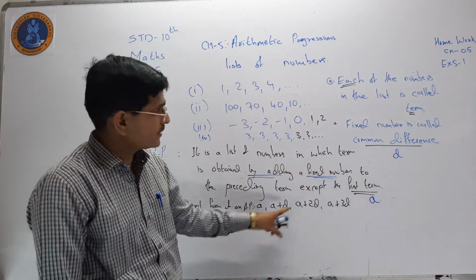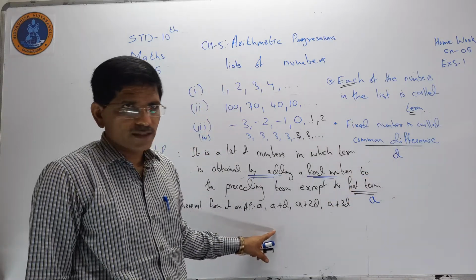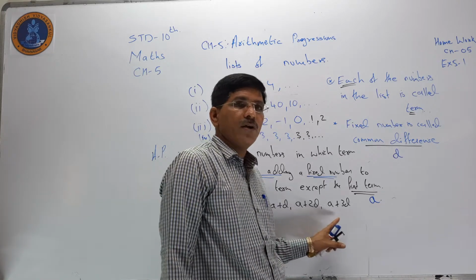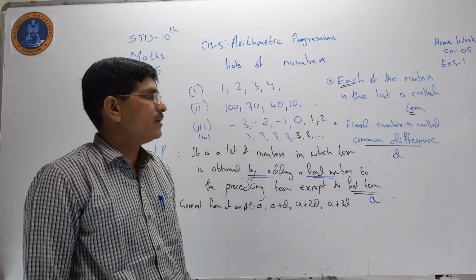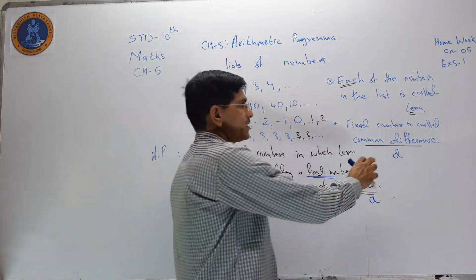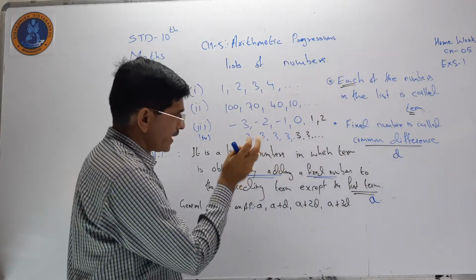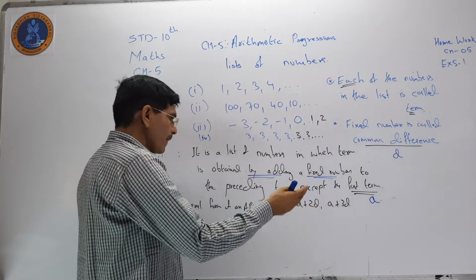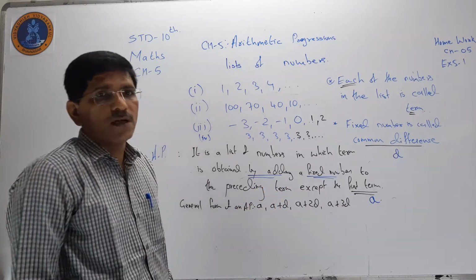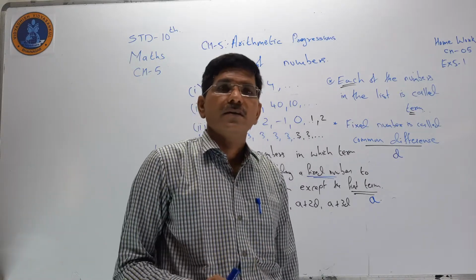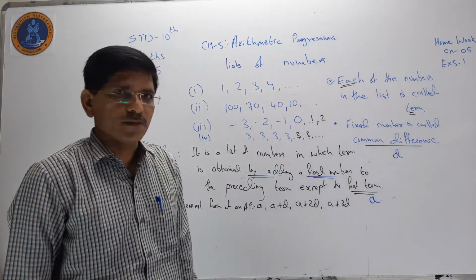So the first term is a, second is a plus d, third is a plus 2d, fourth is a plus 3d. This is called the general form. The term, the first term a, the common difference d, and the general form of arithmetic progression are all the basic information related to arithmetic progression.